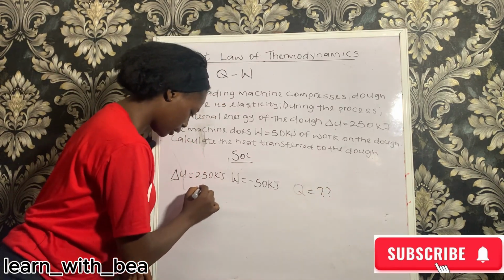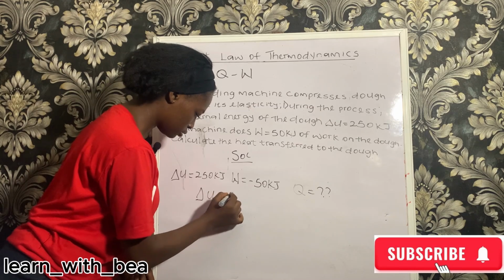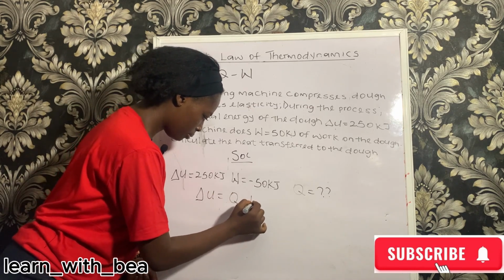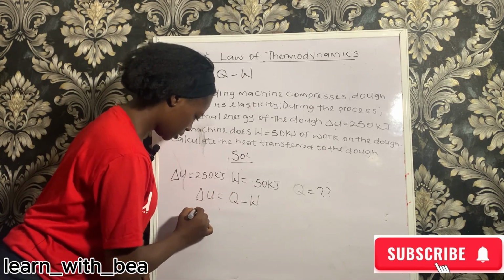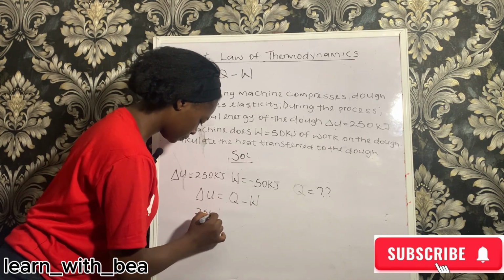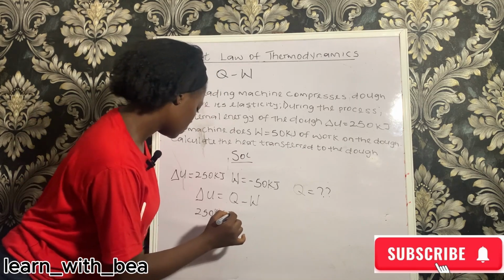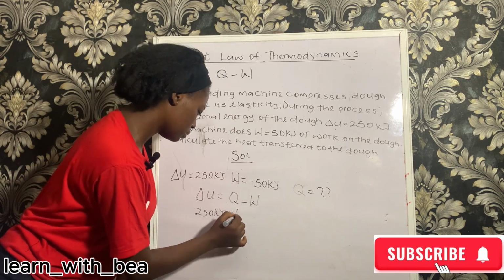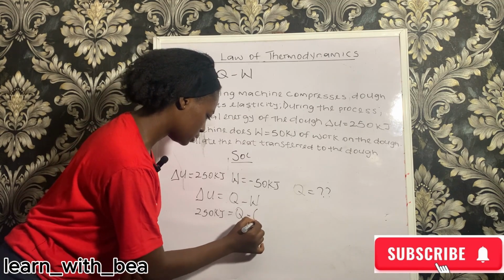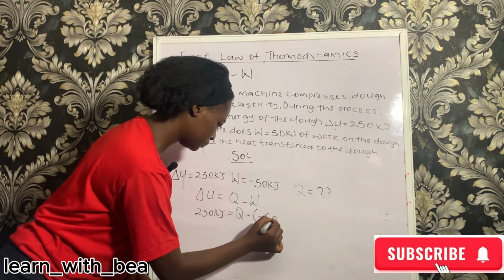We know that our delta U is equal to Q minus W. And our delta U is 215 kilojoule, which equals Q, that's what we're looking for, minus negative 50.